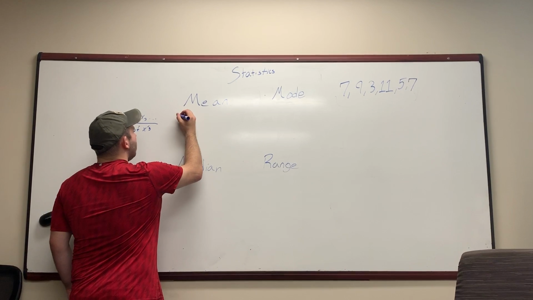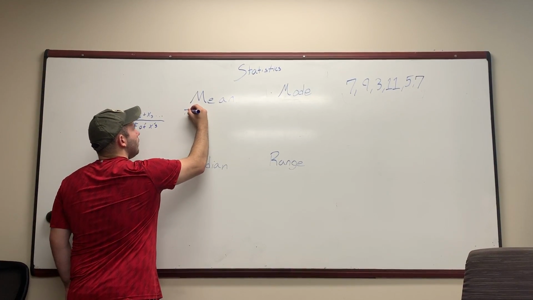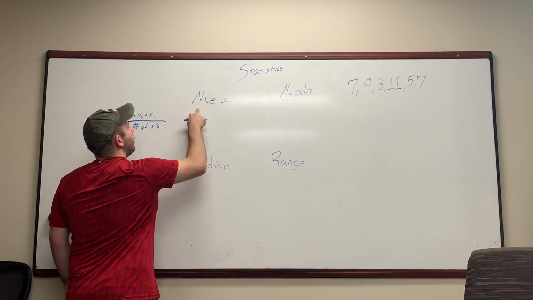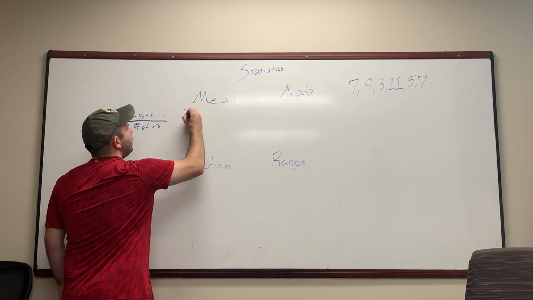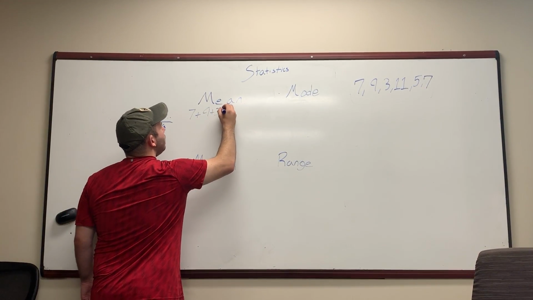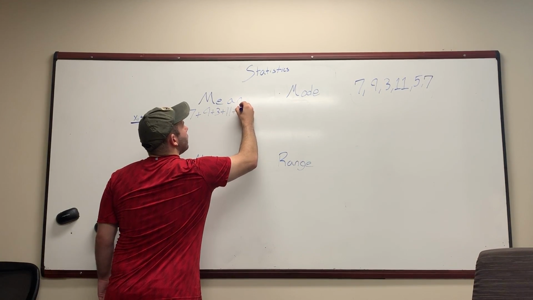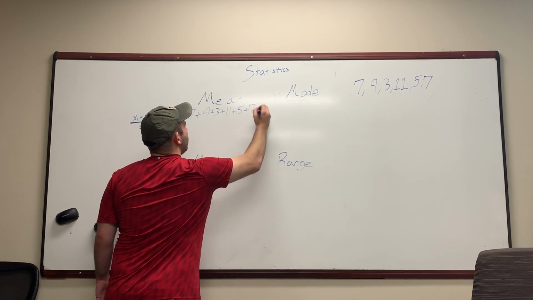So, let's start with adding the numbers together. So 7 plus, I wrote that a little bit larger for you all, 7 plus 9 plus 3 plus 11 plus 5 plus 7 again.